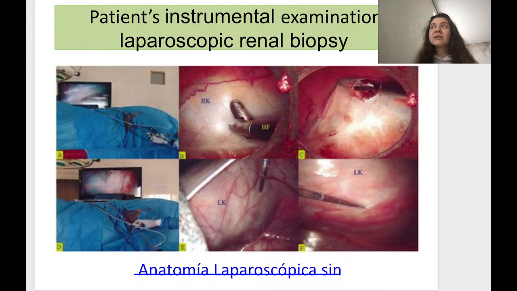A lot of patients need a biopsy, and usually it is done like here, laparoscopically. On the picture you see the method: with a catheter we go to the kidney and, under endoscopic control, take a piece of kidney tissue for microscopic investigation.